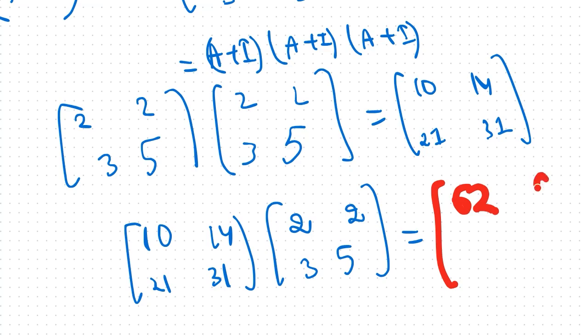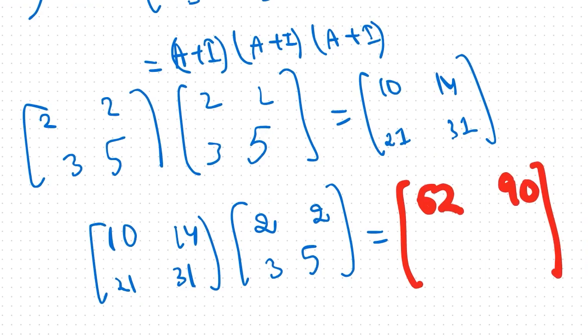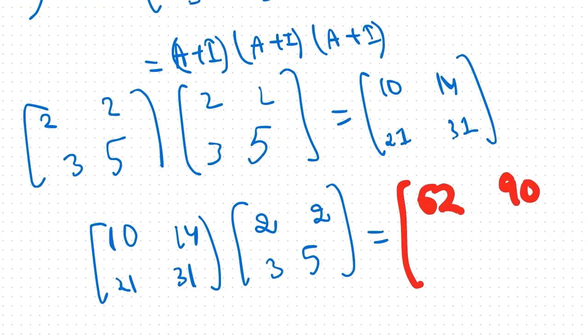So 20 plus 70 is 90. Next, 20 into 2, 42 plus 155. It's not 155, it's 153. I did it wrong.